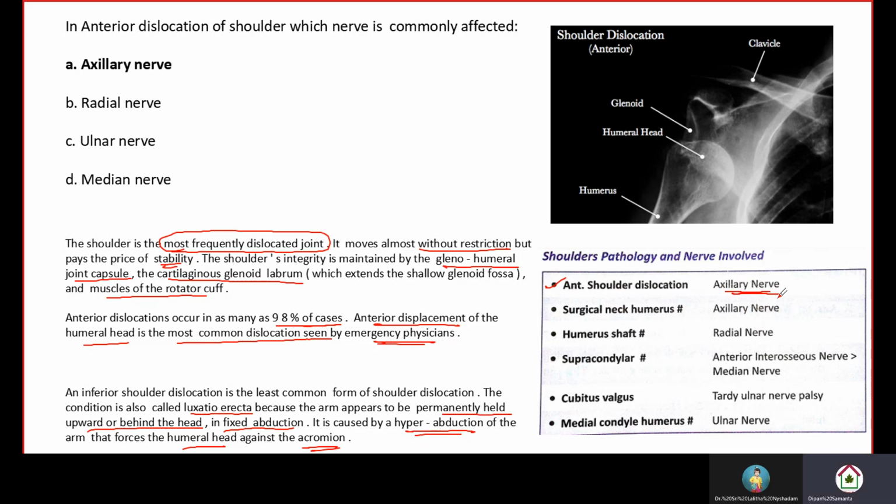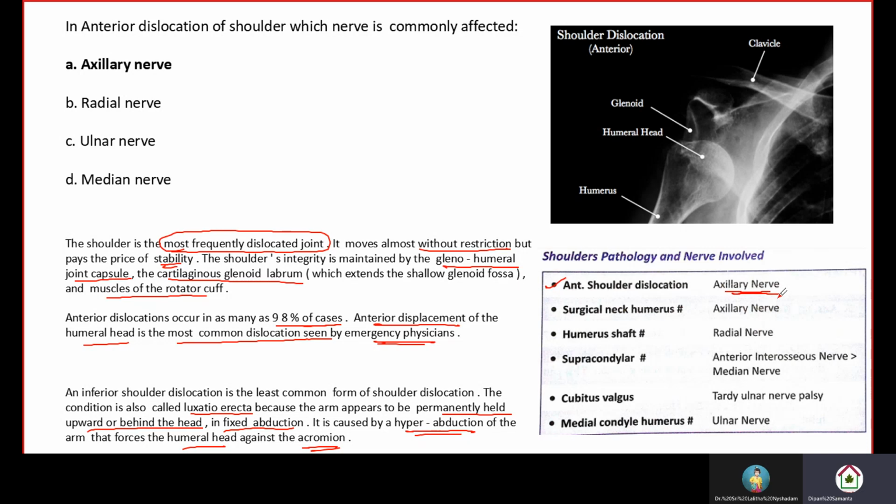In humerus shaft fracture, the radial nerve gets affected.